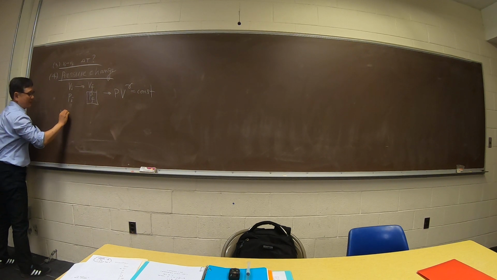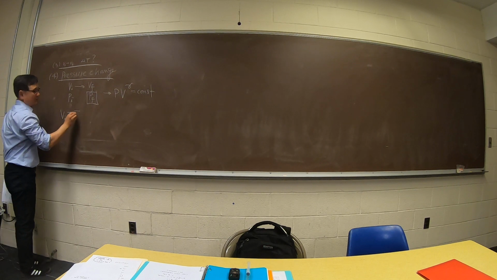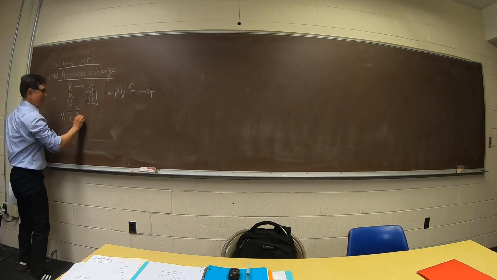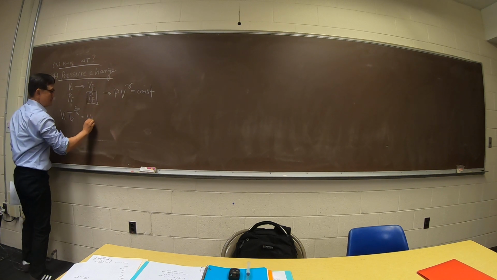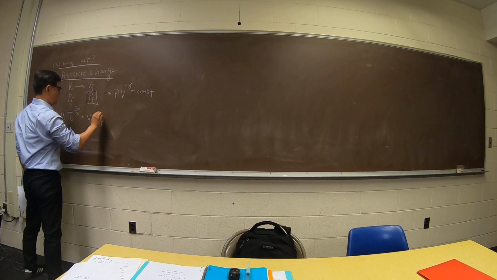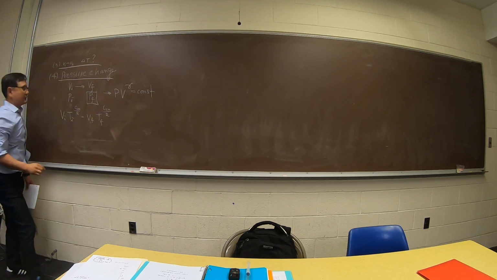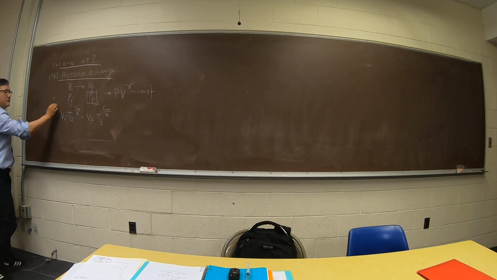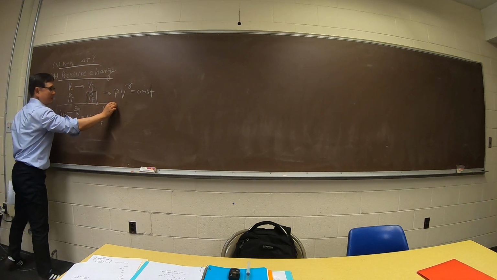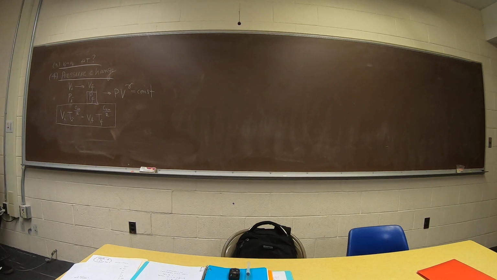V initial, temperature initial to the CVM over R, equals V final, temperature final to the CVM over R. That was an equation defined from the adiabatic reversible expansion.